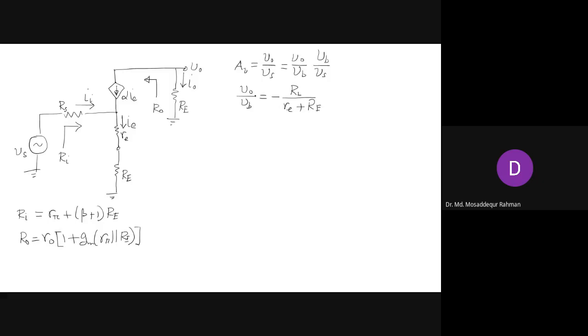And now we need to determine the other gain expression, VB by VS. So what can we write for VB by VS? VB is the voltage right at the base point.